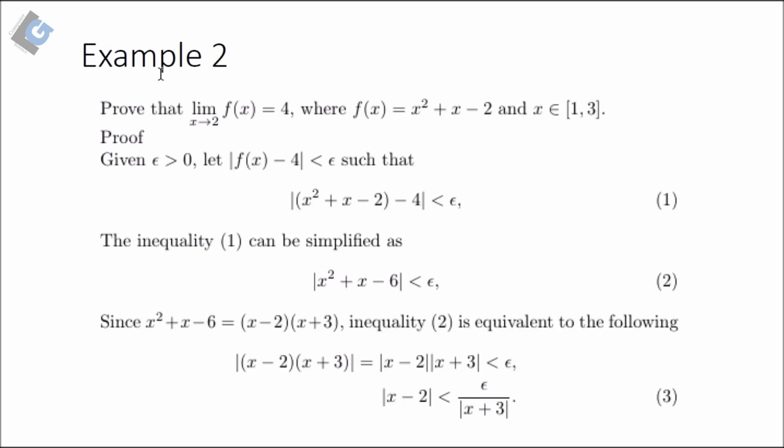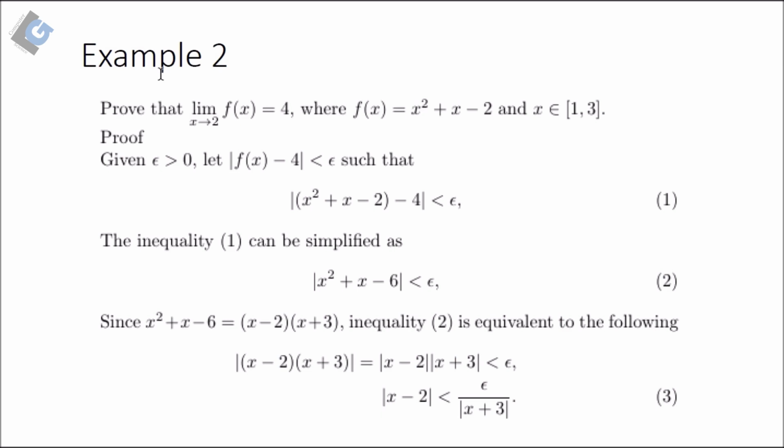So prove that the limit of f(x) is equal to 4 when x approaches 2, where f(x) is equal to x squared plus x minus 2 and x is in the interval 1 to 3.